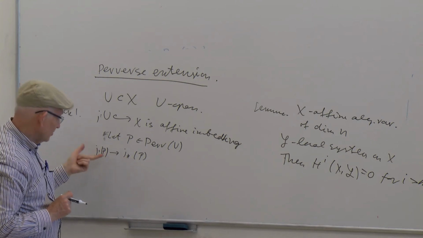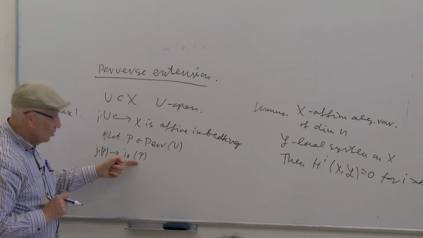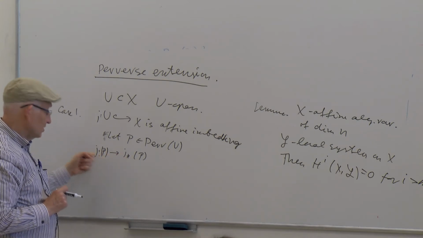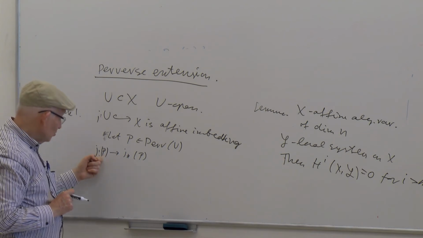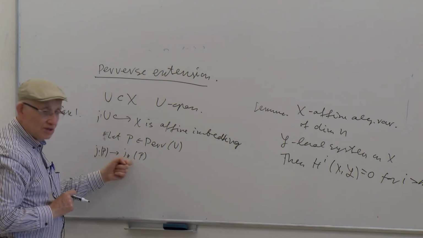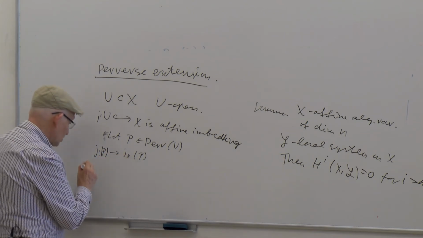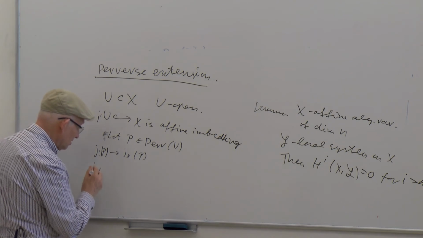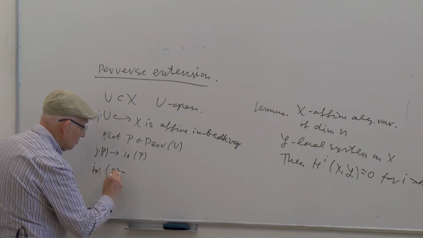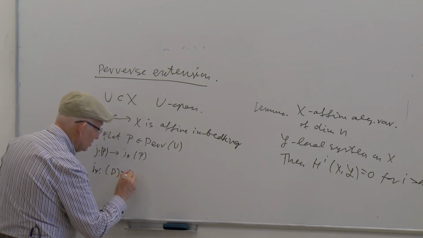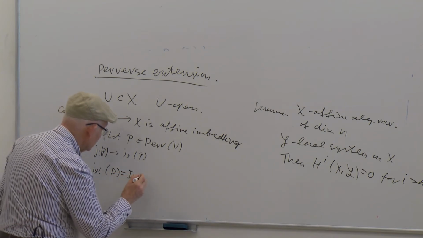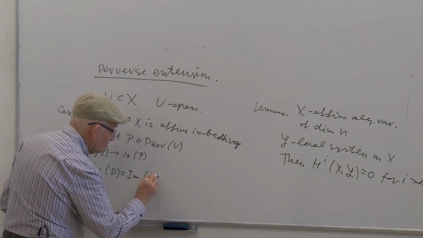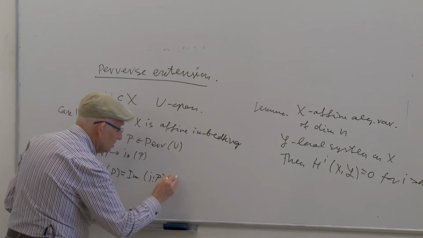You can consider the cokernel of this morphism. You can consider the kernel of this morphism. Or, the most important, you can consider the image. For this there is even a special notation: j shriek star of P, by definition, is equal to the image of j shriek of P in j star of P.